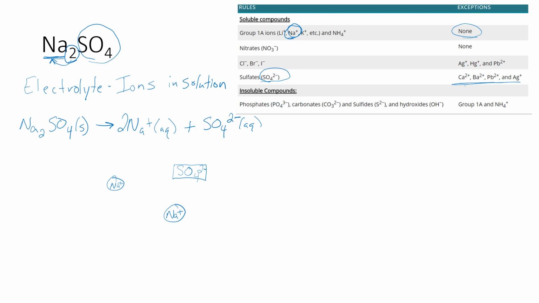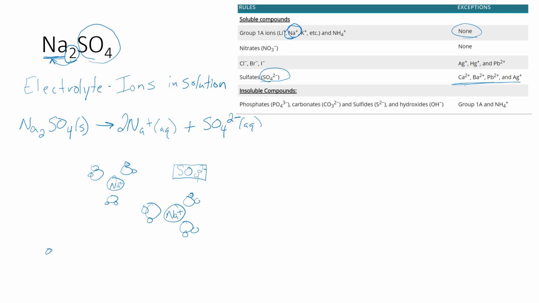Water is a polar molecule, which means that there is a side that's more positive and a side that's more negative. The more negative side is the side that contains oxygen. And because sodium is a positive ion, that more negative side is going to orient itself towards that positive sodium. So for both ions, we're going to have our oxygen towards the sodium.